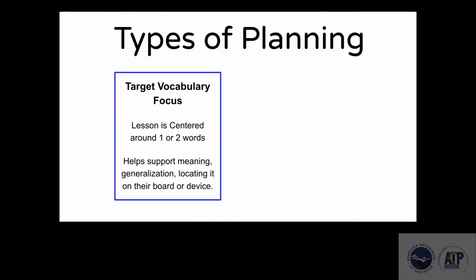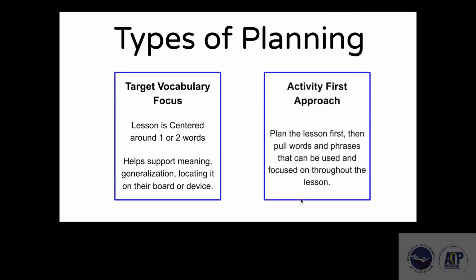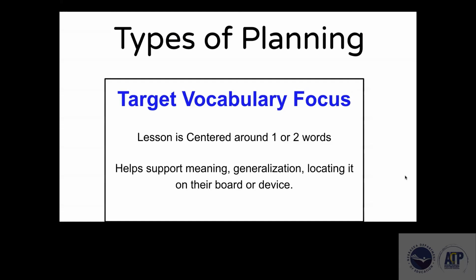There are many different positive benefits to this, and I will get into that in a little bit. But then there's the activity first approach. And this is where you have an activity or a lesson that you already have created, and then you pull some different vocabulary words and phrases that can be used throughout the lesson that you're going to focus on. So I'm going to start with a target vocabulary focus.